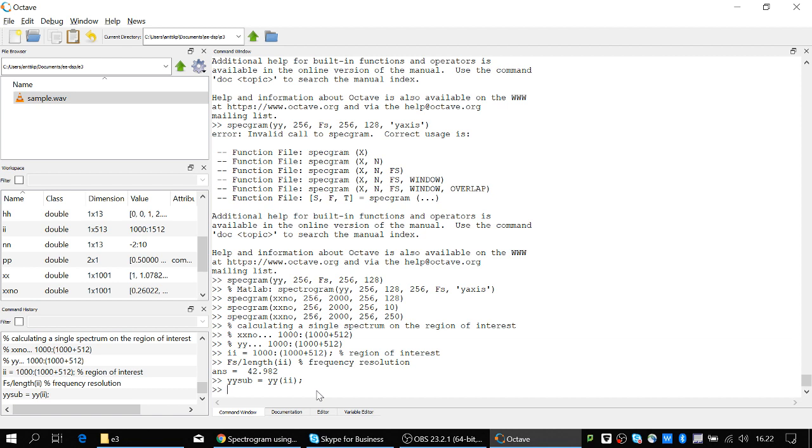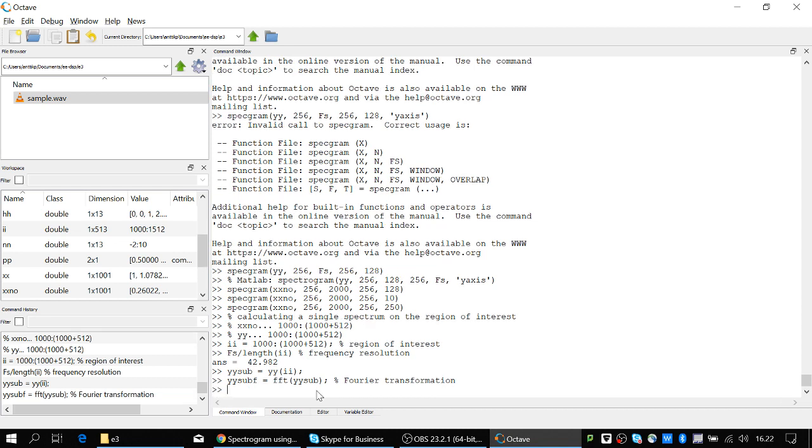Next step would be to calculate the spectrum, that is, to calculate the fast Fourier transformation. So YY sub F equals FFT of YY sub. Just simple Fourier transformation, and this is done by fast transforming it.